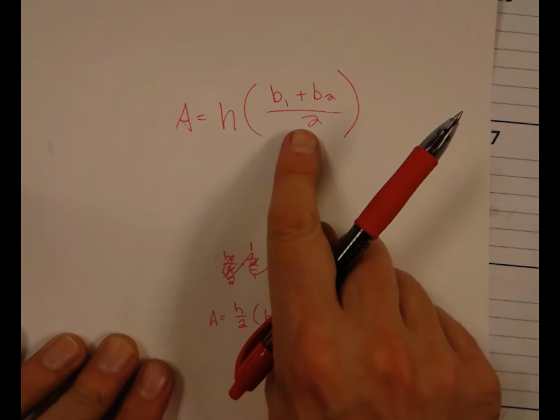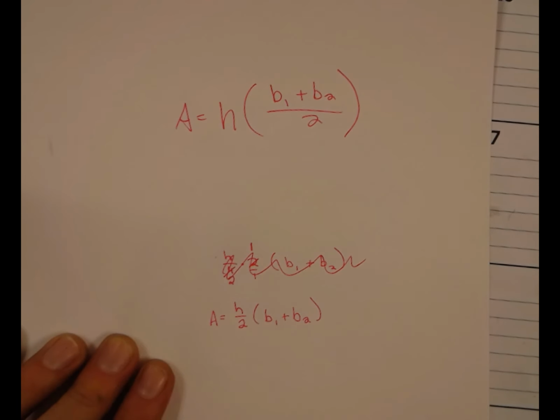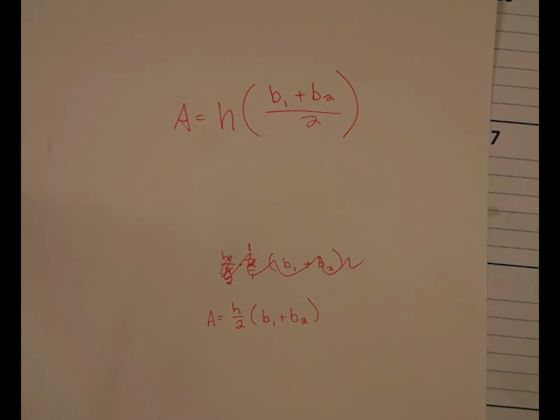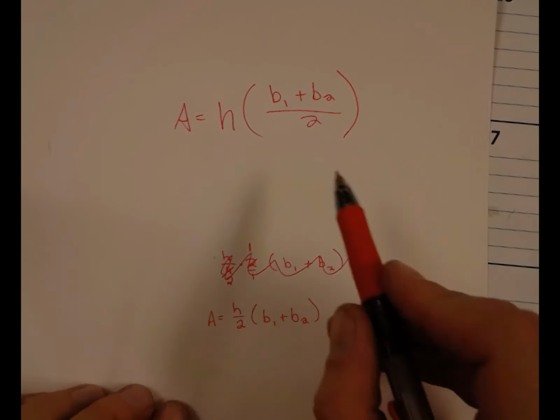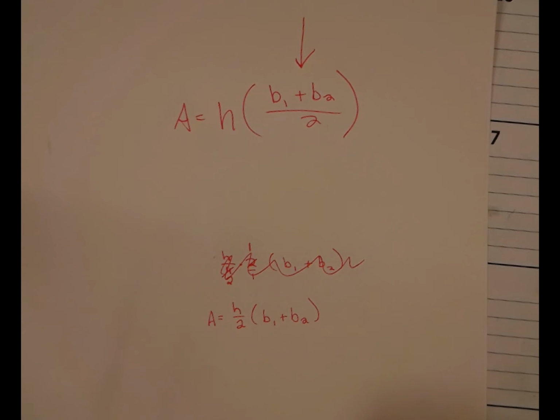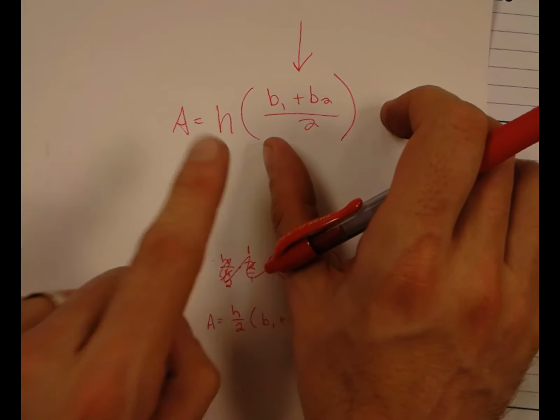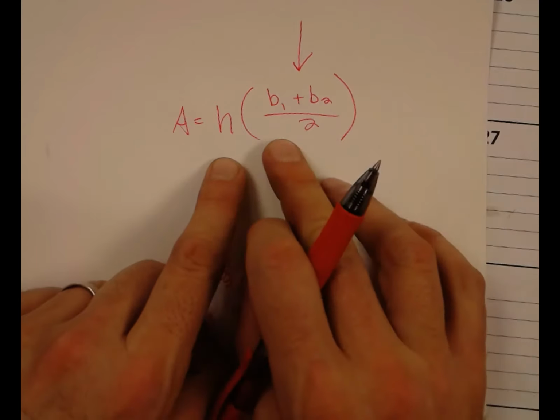We're really taking the average of the 2 bases and multiplying it by the height. So when you multiply 2 things by 2 and take the average of them, like this base here, the average is multiplied by 2. So 2 dimensions we're multiplying, 2 perpendicular dimensions, the height and the average of the base.